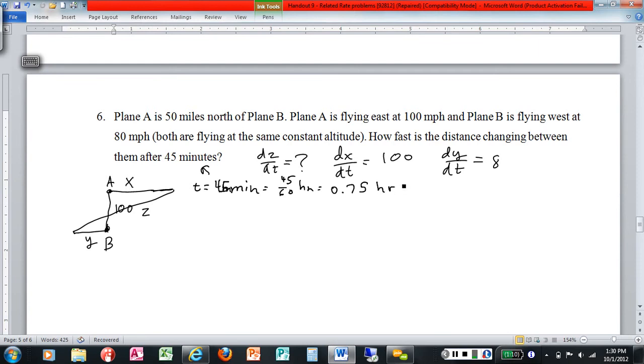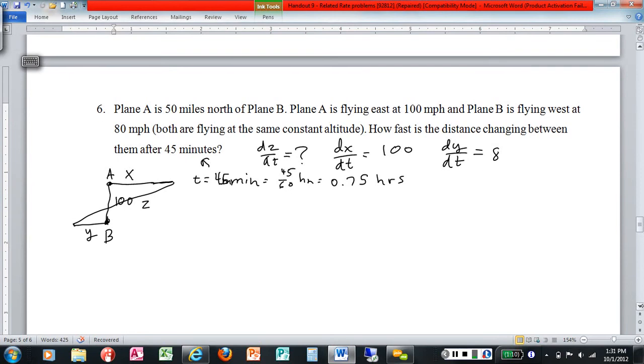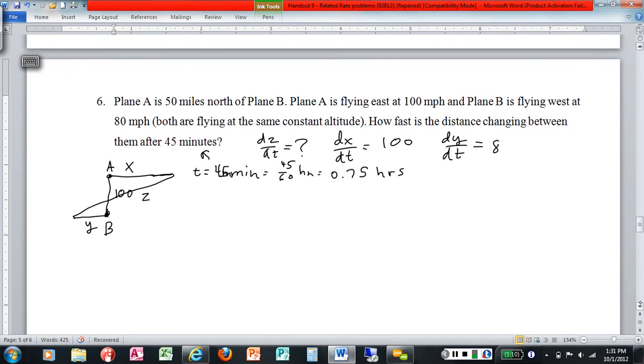So I've got basically the same information, however, we have a lot different picture, don't we? What do you see there? Well, if we leave it as is, I see two right triangles. But I don't want to leave it as is.